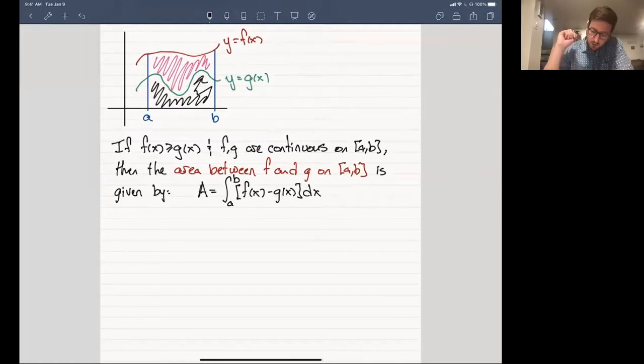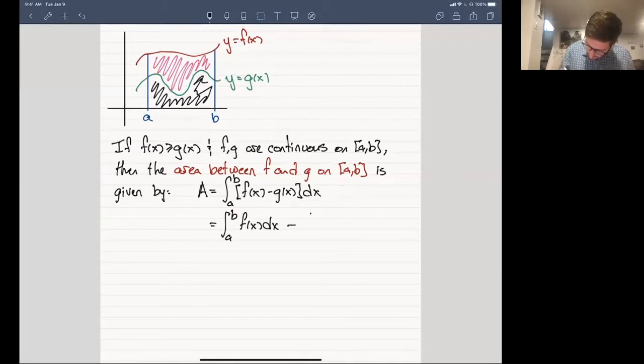Now, the first thing that I want you to notice is because f is larger than or equal to g on the entire interval, by property 7 of definite integrals, this is non-negative. So it's a proper area that we're talking about here. That's an important distinction. Second of all, we can use the additive property of definite integrals to break this up to see exactly what I was saying to start.